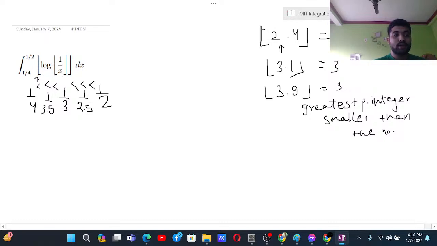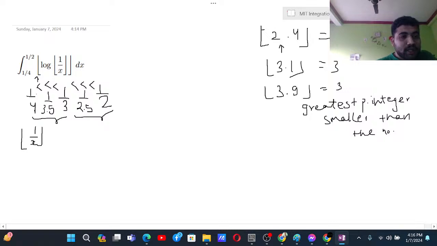So these are in the order of increasing. Now we have to see what will be the value of GIF of 1 by x in this range.